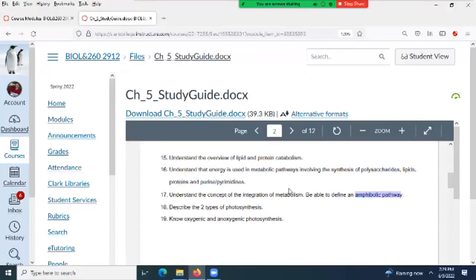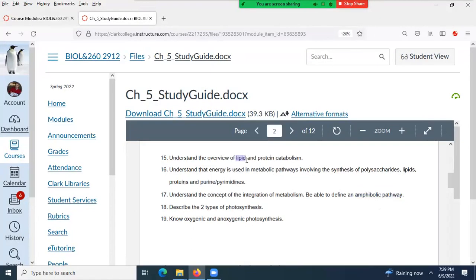But as you know, if you eat a high protein diet or a high lipid diet, we will make carbohydrates. So it is connected by amphibolic pathways. And if you eat a high protein diet or a high carbohydrate diet, you know that your body will convert that to lipids and then store it down as a lipid in your belly by an amphibolic pathway.